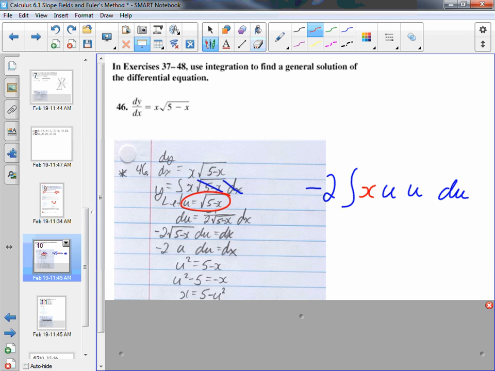So it turns out that x is going to be replaced by 5 minus u squared. So instead of that x, 5 minus u squared. And we've made our substitution, haven't we? Can we integrate what's left? Yeah, we have to simplify it a bit first, but we sure can.